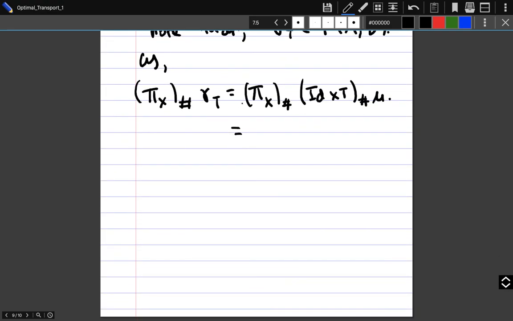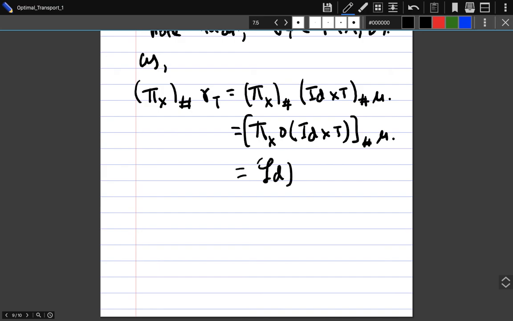So we combine these two guys. So the projection composed with the map, when you take the push forward of this guy, well, this is nothing but just the identity, right? Because you just take the first component. So when you project on the first component, you get identity push forward mu, and well, this is just mu, right?